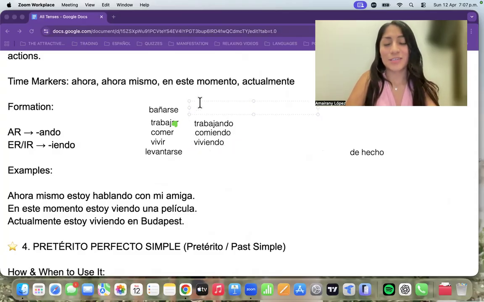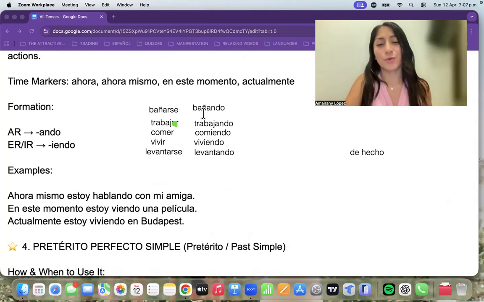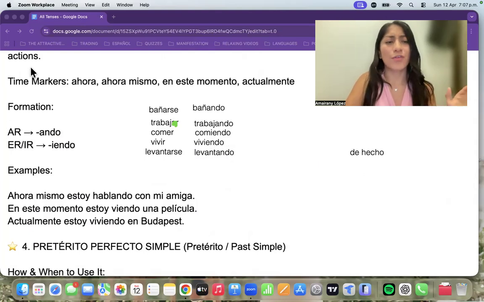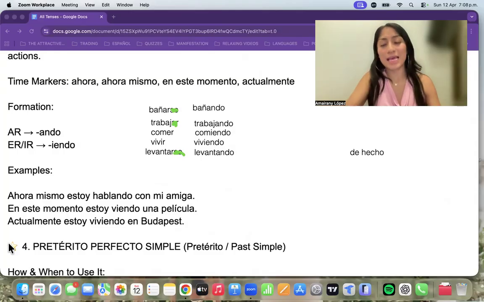Okay? So showering would be bañando. Okay? And getting up would be levantando. Okay? Okay, so this is how you would, and by the way, we're gonna ignore the se for a little bit. We're not gonna think about the se at the second. Forget about it.